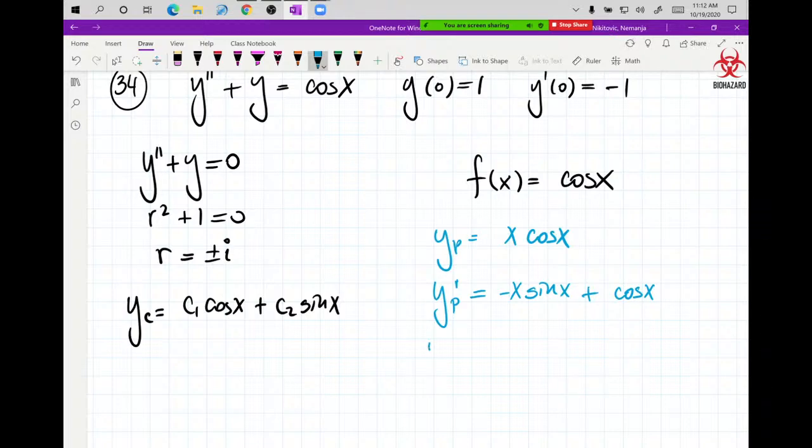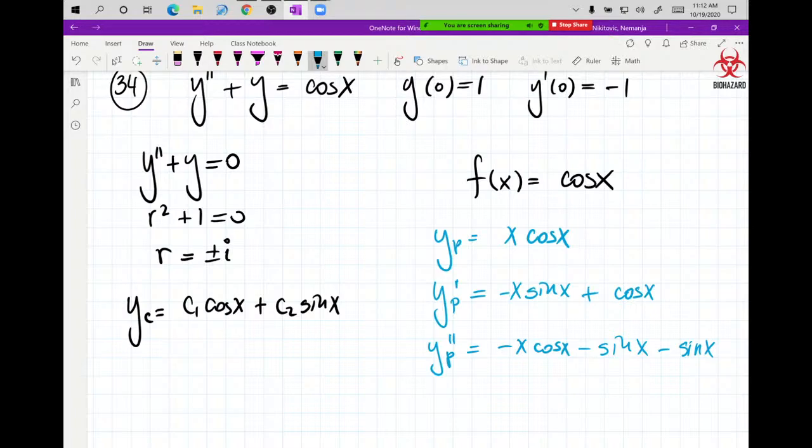And then yp double prime is copy the first, derivative of the second, plus copy the second, derivative of the first, so that's going to be negative sine x, there we go, and then plus derivative of cosine is minus sine x.